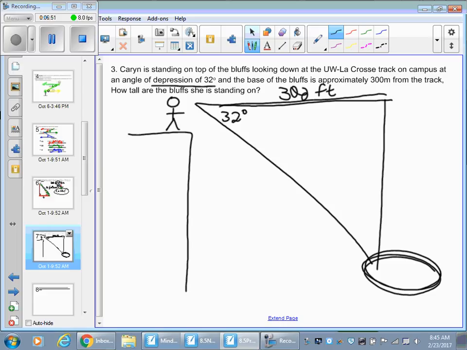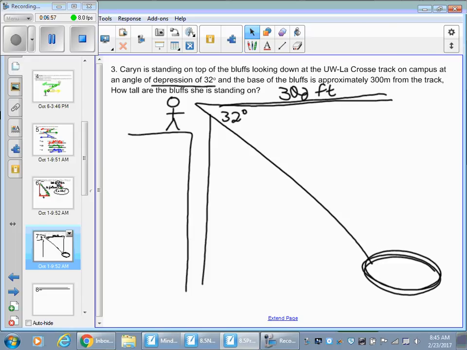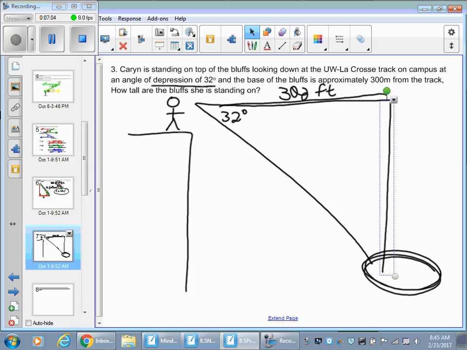And so how tall the bluffs are? Well, actually, you look. This is going to be that measurement. Let's get it back where it belongs. Okay, so now I have a right triangle, and I want to figure out what this measurement is here.